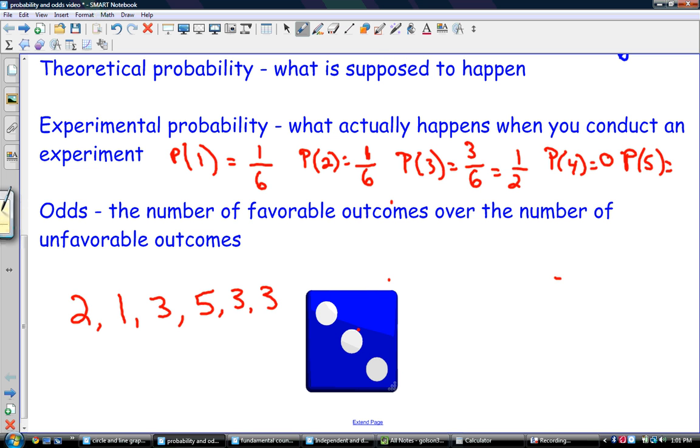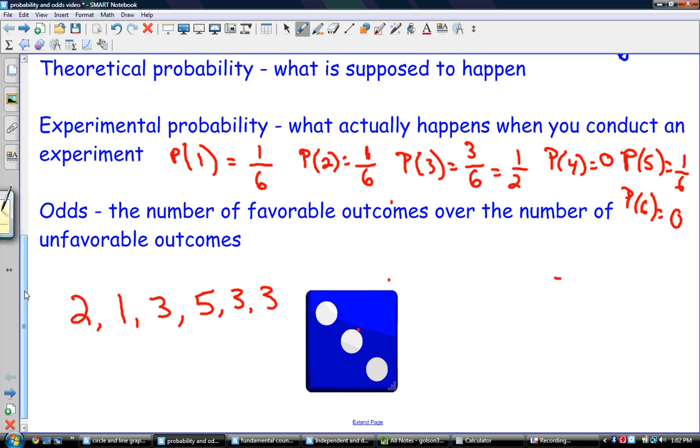I got that once. That is 1 out of 6. And I never got any 6s. So that probability is 0. So a couple of them, 1, 2, and 5, did match what the theoretical probability was, where 3, 4, and 6 were different from the theoretical probability.